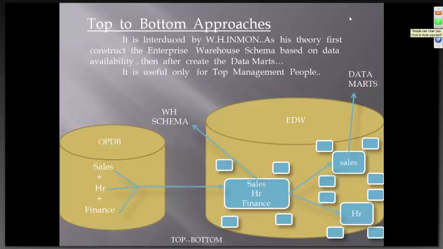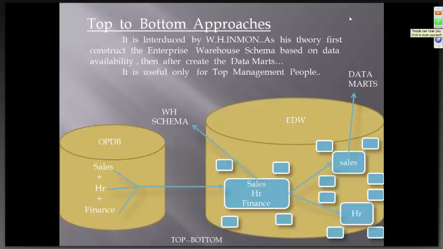In the data warehouse schema there is a huge amount of data, billions of records. From all these records, we have to fetch each record and find out which subject area it is from, and based on that, extract it and store it as a separate data mart. It is a very complicated process to extract the data from the data warehouse schema.